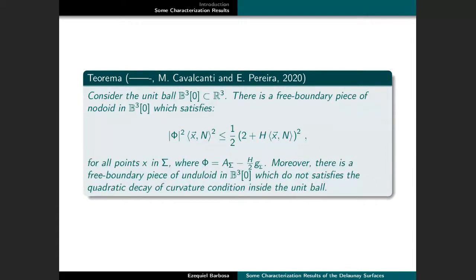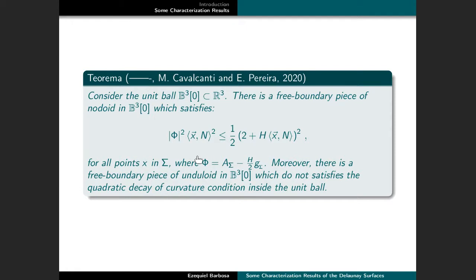Okay, so now let me remind you that we have proved there exist unduloids that don't satisfy this quadratic decay of curvature, and we can prove as well that there are pieces of nodoids inside balls which satisfy this kind of quadratic decay of curvature.